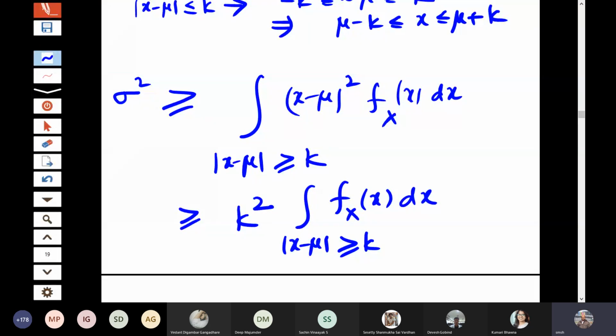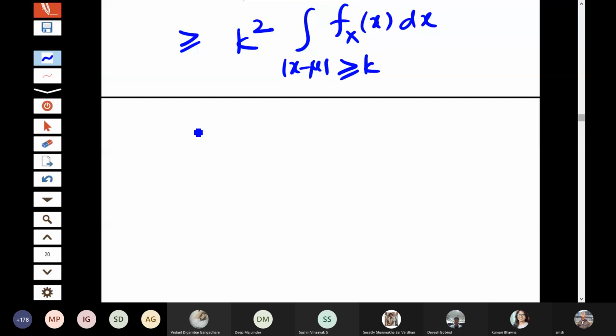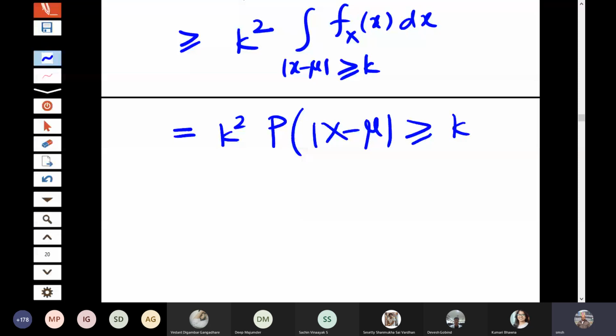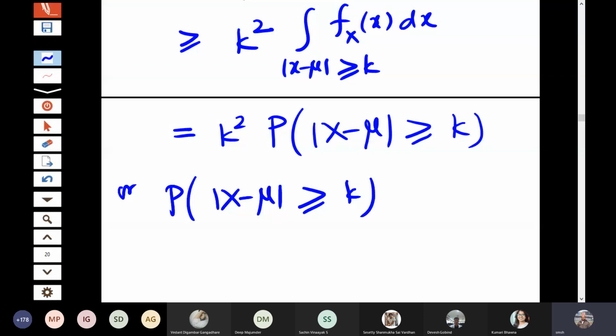So this is nothing but k square into the probability of mod x minus mu greater than or equal to k. That is, the probability of mod x minus mu greater than or equal to k is less than or equal to sigma square by k square. So this is a relation between a probability statement and the moments. Is it clear?